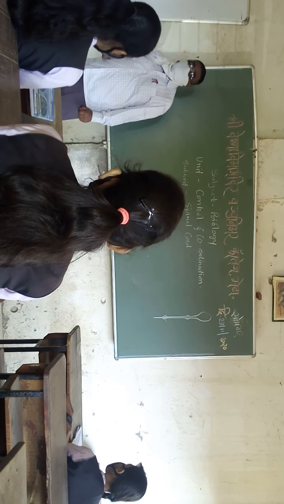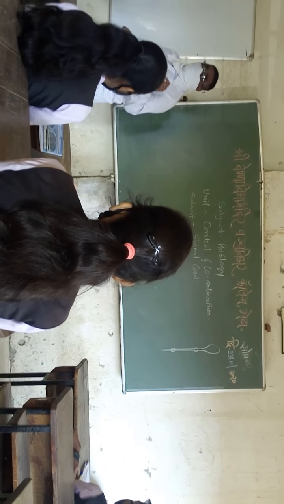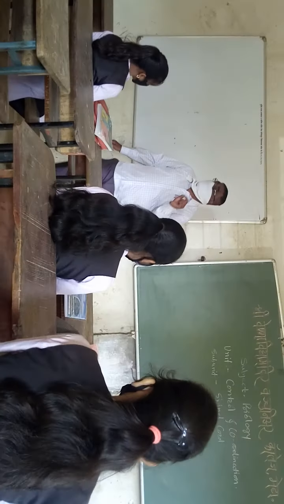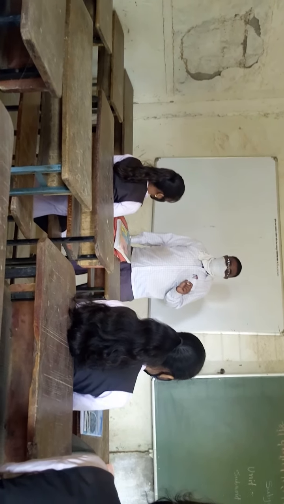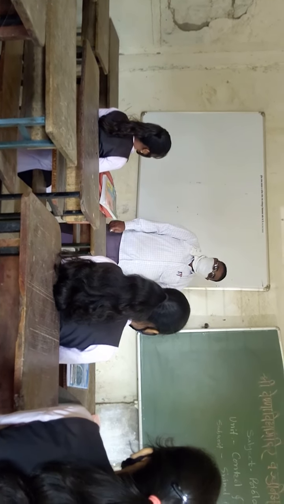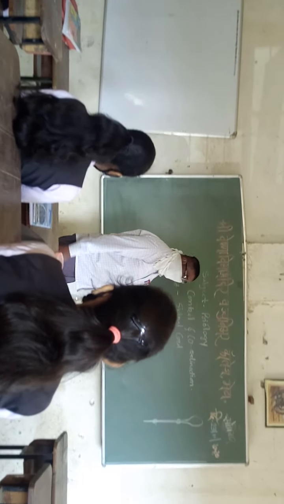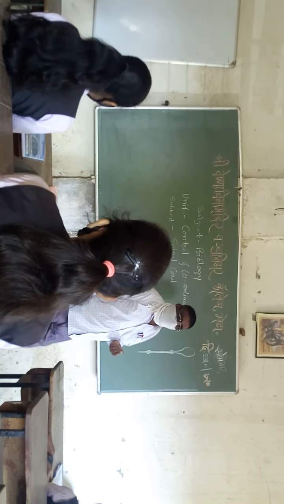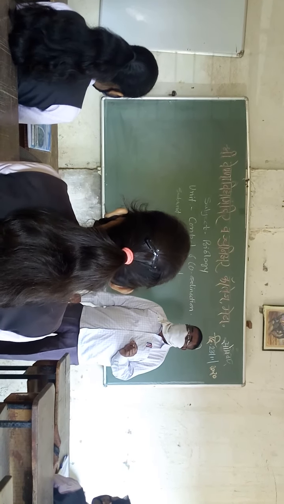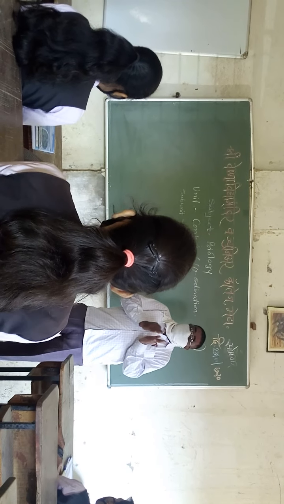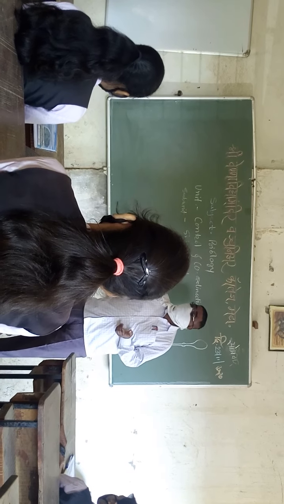These protective membranes are called meninges. Three layers are present. The outermost is called the dura mater, the middle is the arachnoid mater, and the innermost is the pia mater.